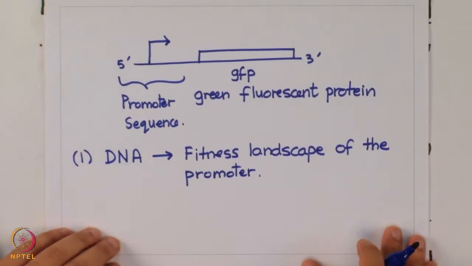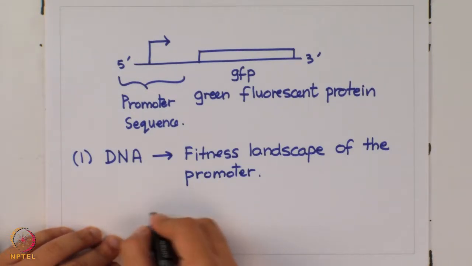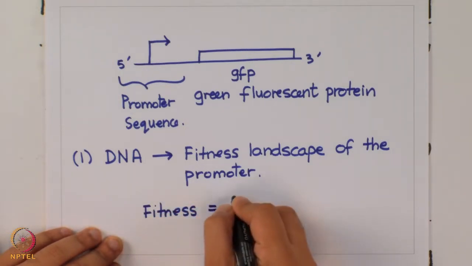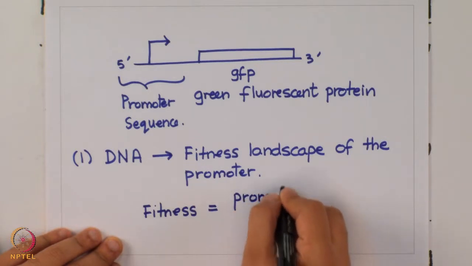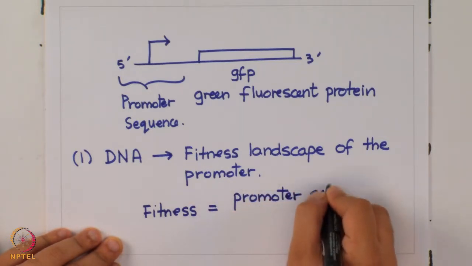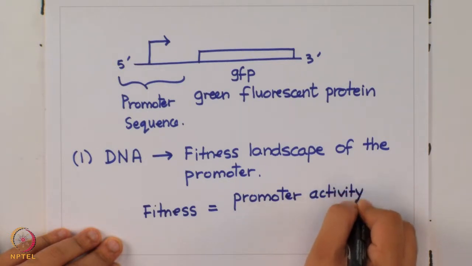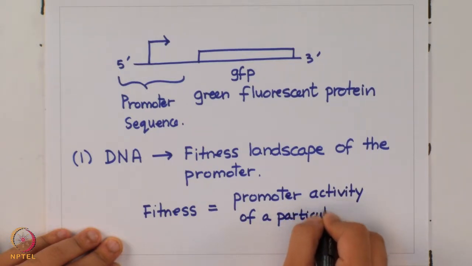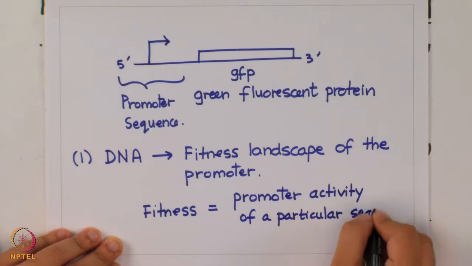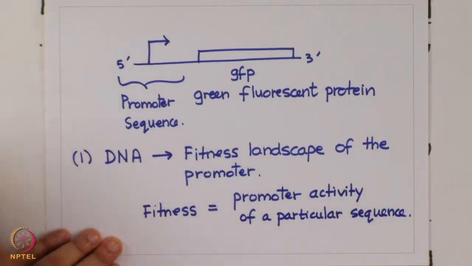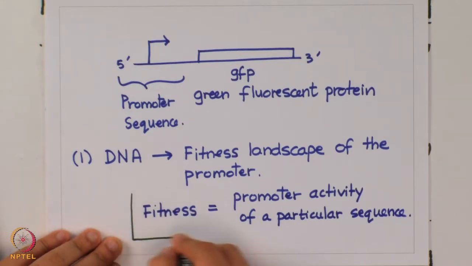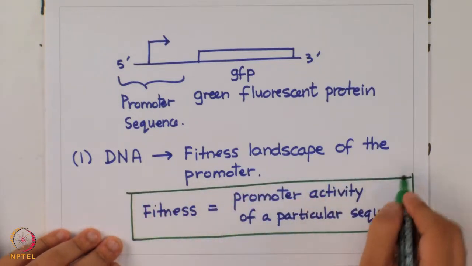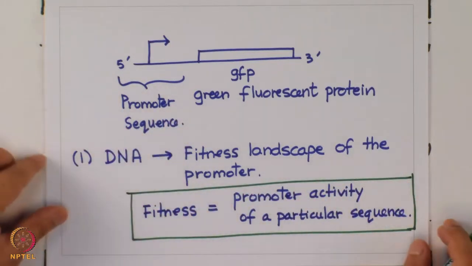And the way I am going to define fitness here is just equal to the promoter activity that a particular sequence enables. So my fitness is, if I take a DNA sequence, how strongly does RNA polymerase start the process of transcription from that particular promoter.